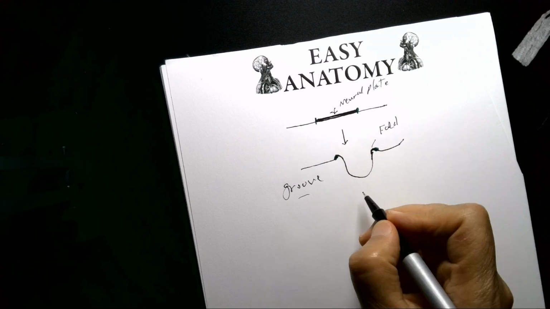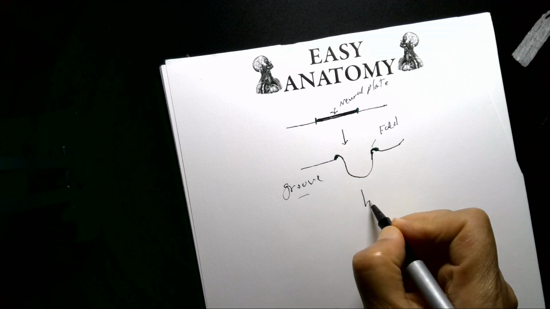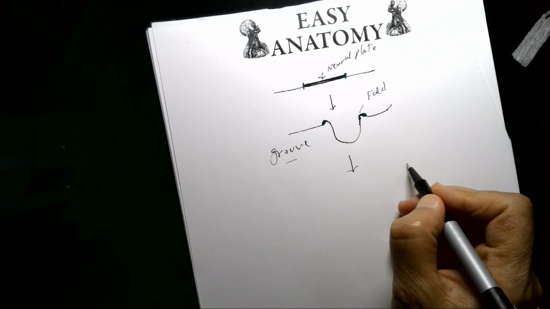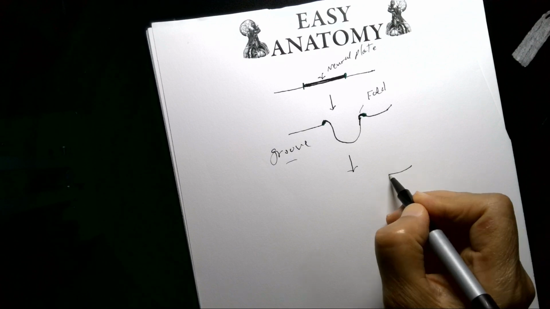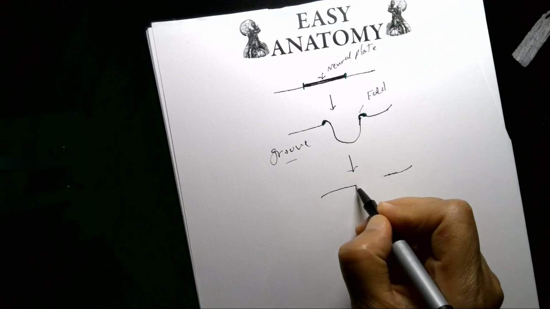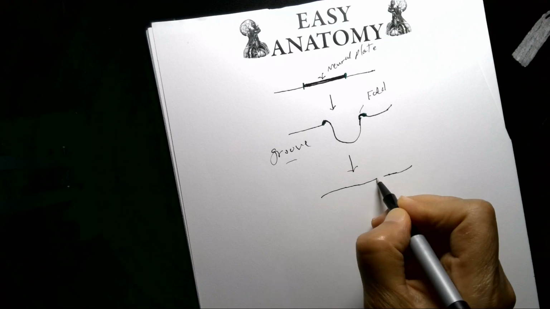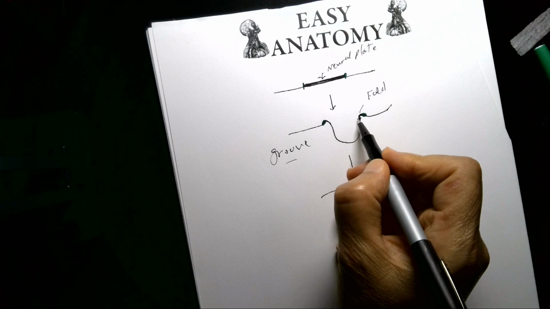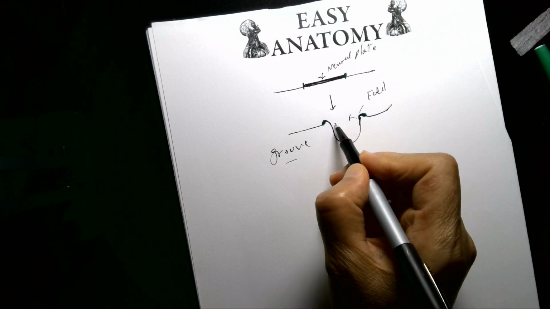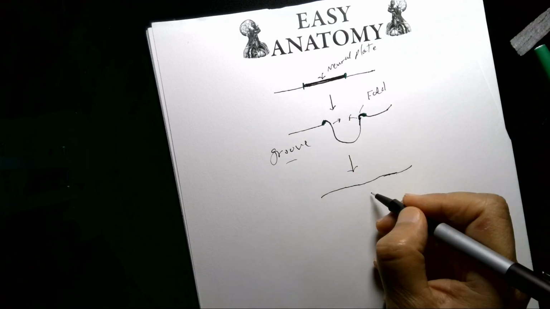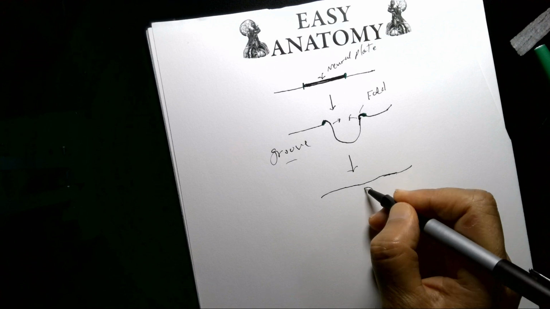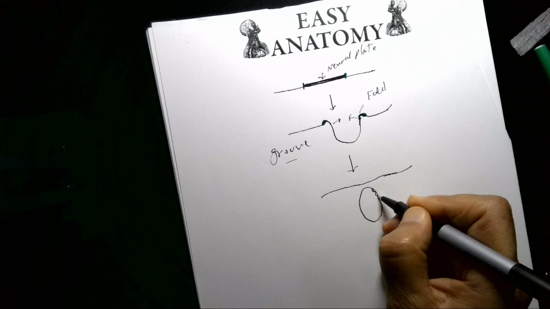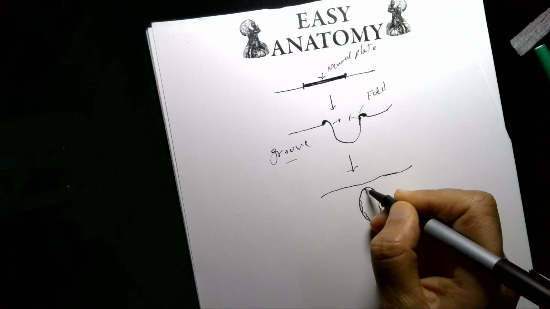The third stage is the formation of the neural tube. The edges are going to get closer and closer until they close and form the neural tube, with ependyma lining this tube.